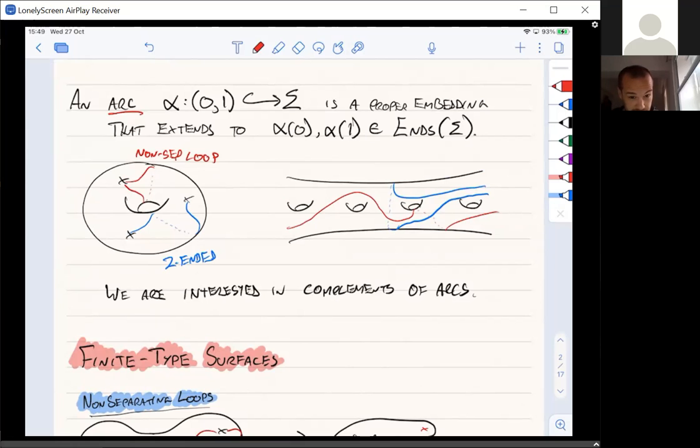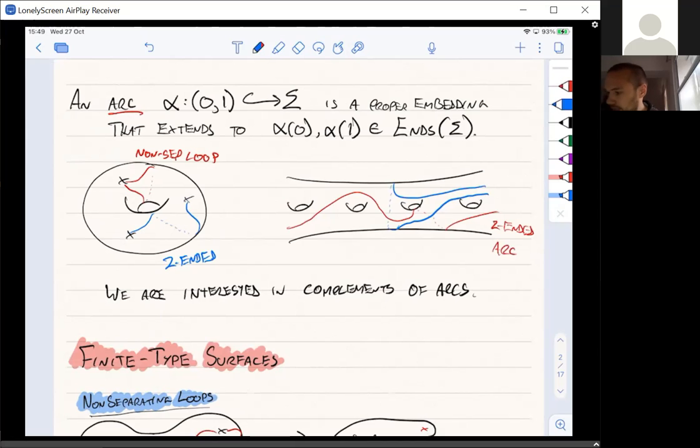So you see this infinite type surface, it's like the Loch Ness Monster we saw before, but it has genus going in two directions forever. This is called the ladder surface. Okay, so that has a two-ended arc too, the red one.